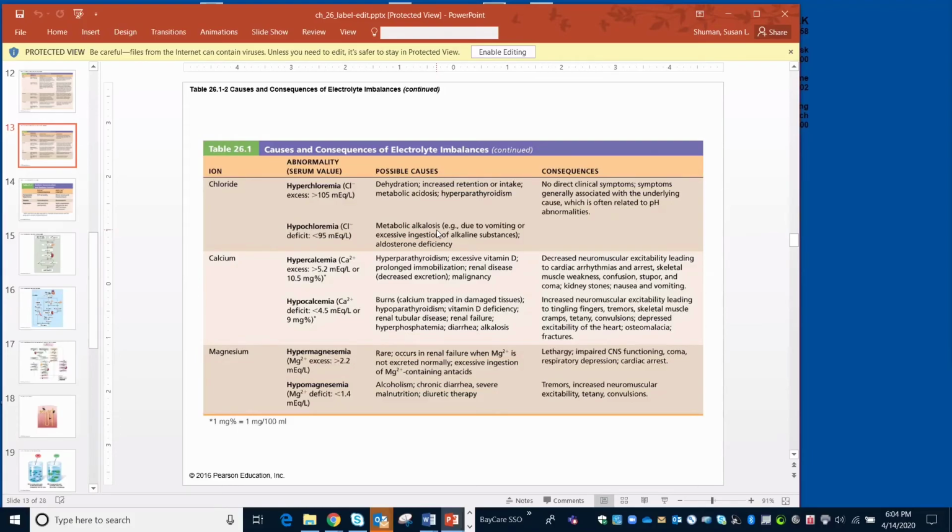So chloride tends to want to go where sodium does. That's why, like in the loop of Henle, in the ascending limb, when we're reclaiming sodium, chloride tends to stick together. That's your table salt stuff. Okie dokie. Good so far?